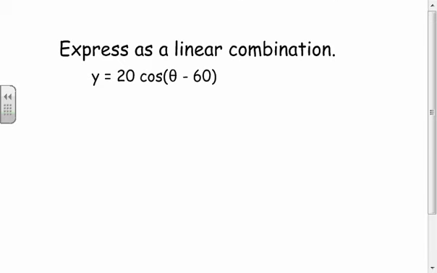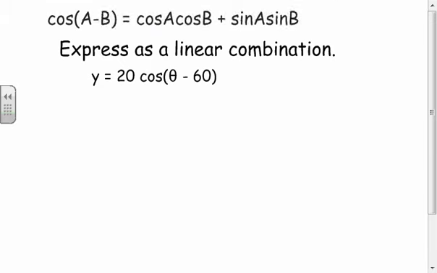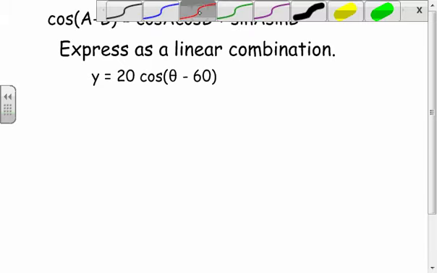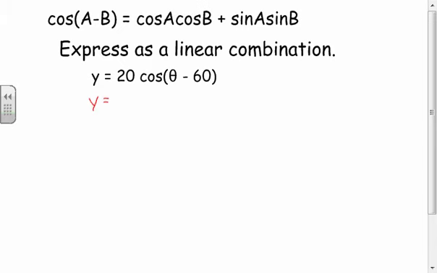Well, first off, we're going to use this property that we just derived, and we could write this down. Y is equal to 20. But this thing inside here, I'm going to replace that cosine theta minus 60 using the composite property.